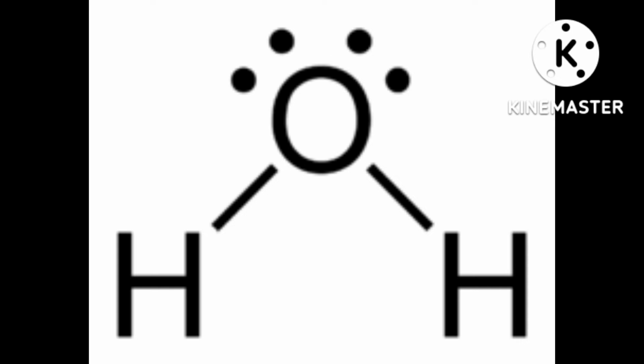Like that way, nitrogen has 5 electrons in the outermost orbit. 7 is the atomic number, 1s2 2s2 2p3. 5 electrons are there in the outermost, means 5 valency. Then 5 dots you have to write.